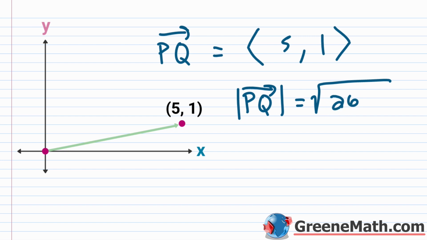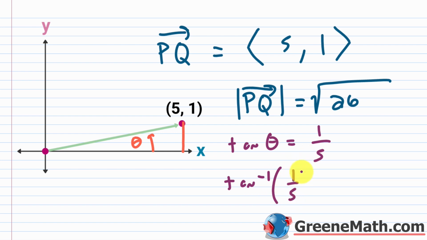Now for the direction angle, you're going to have something in quadrant 1, so it's very, very simple. If you form a little right triangle here, you could say that the tangent of theta is equal to the opposite, which is 1, and the adjacent, which is 5. Just take your vertical component, 1, over your horizontal component, 5, and then do your inverse tangent function with 1/5 as the argument.